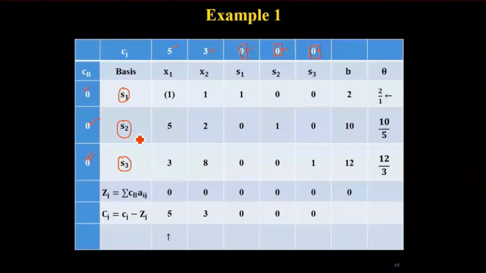Now after doing this, the next thing is to find the zj value. zj is nothing but the summation of cb into aij.